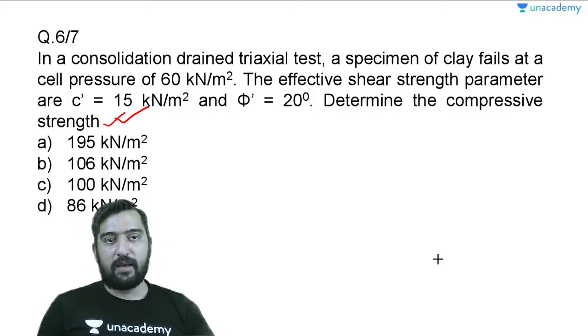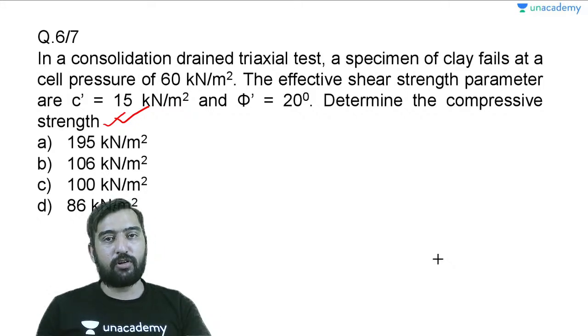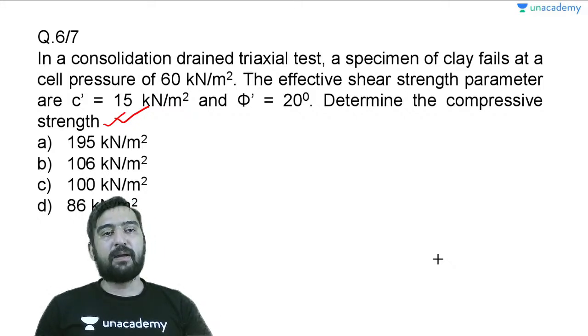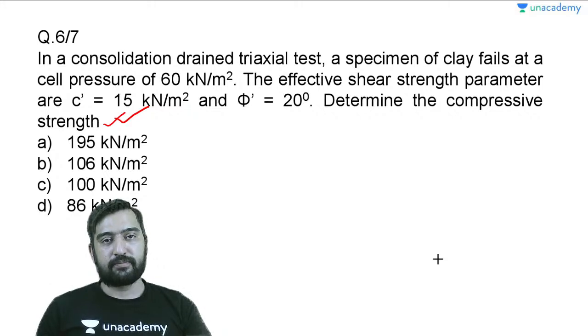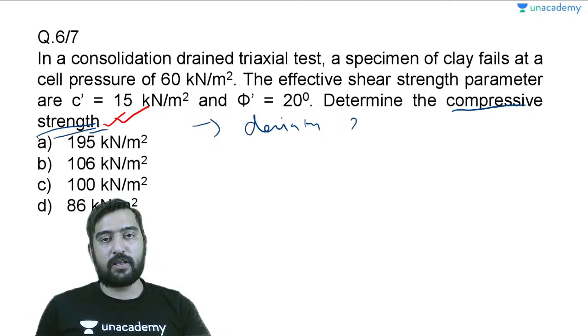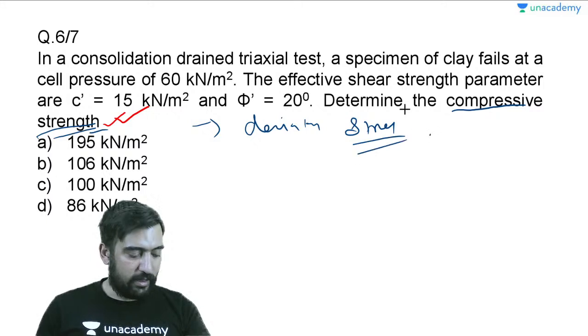Please check it, guys. Please check whether I have done something wrong or not. We have to determine the compressive strength. Okay. So compressive strength, when the cell pressure was 60, maybe here the correct thing is the deviatoric stress at failure.